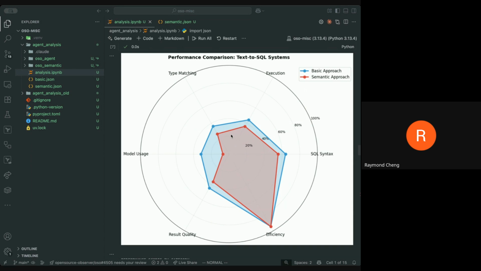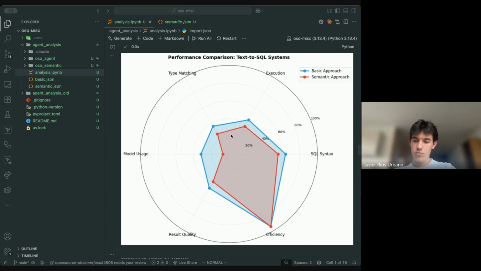So like the documentation for Notebook Assist, the Docker image for the MCP server, trying to get the MCP server connected to a number of different agents, including Copilot, Cursor, et cetera, et cetera.